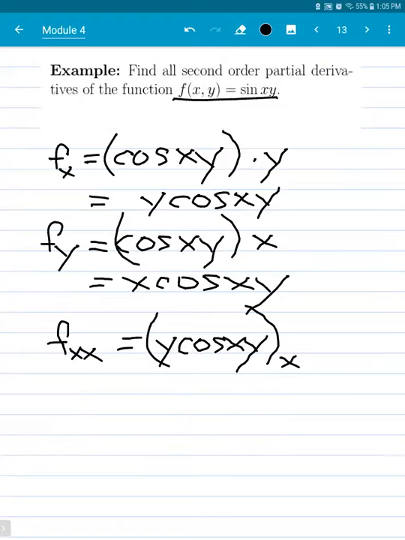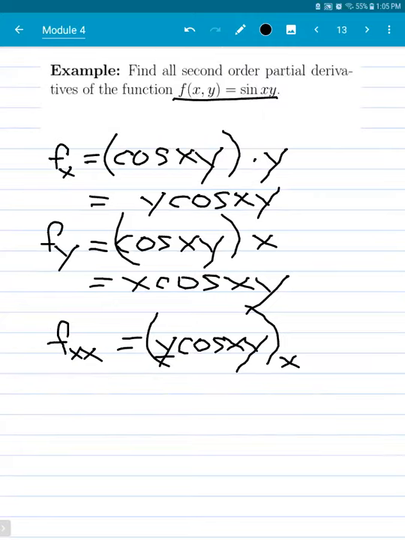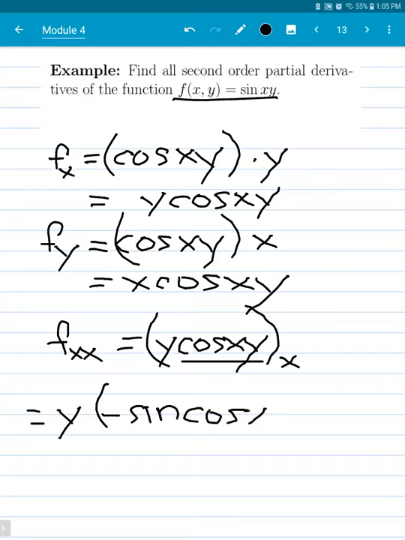The function is y, the first, times cosine xy, the second. So that will be the first, y, times the derivative of the second. What is the derivative of cosine? Negative sine. So I'll copy it, replacing cosine with its derivative. And then don't forget, you still have to differentiate this.